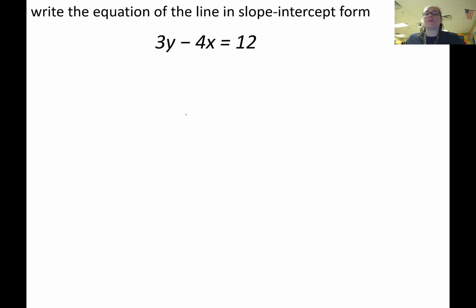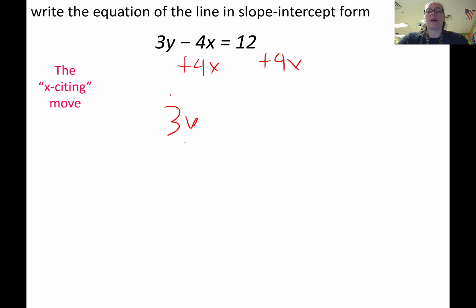Okay, let's look at this one. I've got 3y minus 4x equals 12. First thing, I move the x. It's a negative 4x, so I'm going to add 4x to both sides. That gives me 3y equals 4x plus 12.